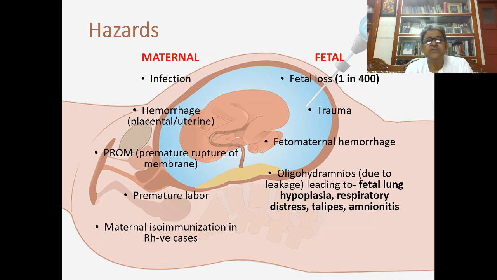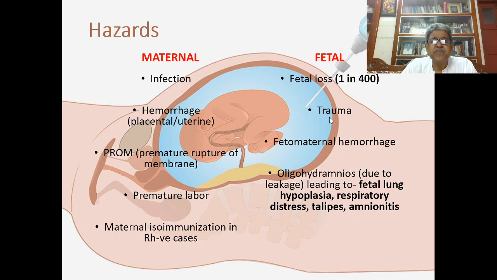Now, during amniocentesis, different types of hazards may occur, at two sides, one at the maternal side, another at the fetal side. At the maternal side, number one, the chance of infection. Number two, the chance of hemorrhage due to improper insertion of the needle, which may cause placental hemorrhage or uterine hemorrhage. Another, PROM, the premature rupture of membrane.